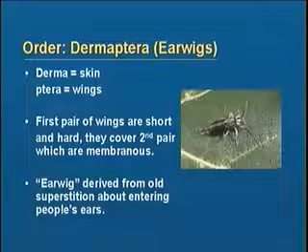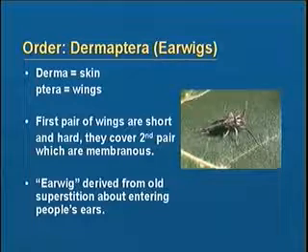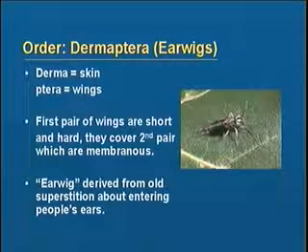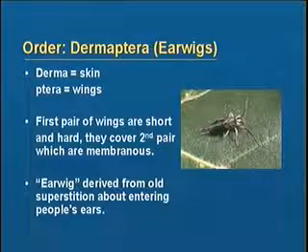The Dermaptera are next. Order Dermaptera. Derma, we all know what derma means, skin. And every time you're going to see this, ptera is Greek for wings. So all of these orders are describing the wings of the insects.